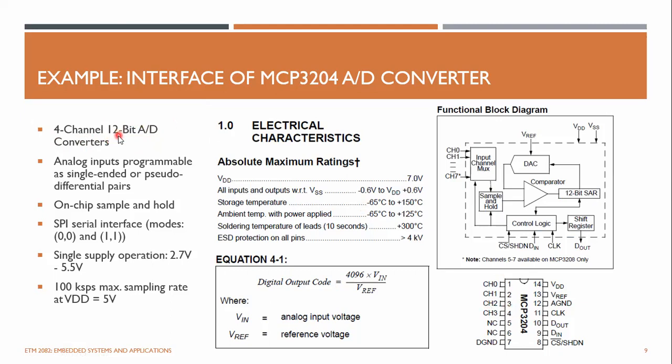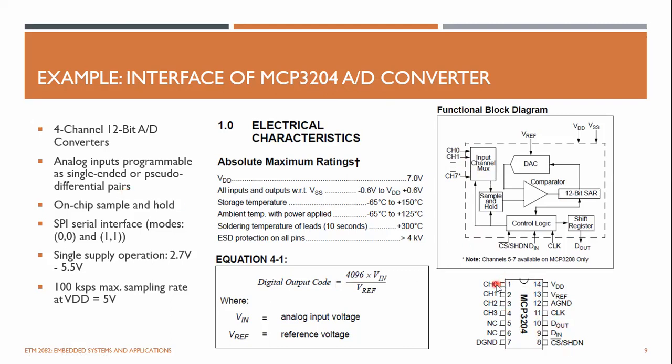You can select 12-bit analog to digital conversion if you use this MCP3204 chip. So there are 4 channels available for analog to digital conversion. And there's another version called the 3208, which has 8 channels. But today I'm going to discuss only the 4-channel device, which is the MCP3204.